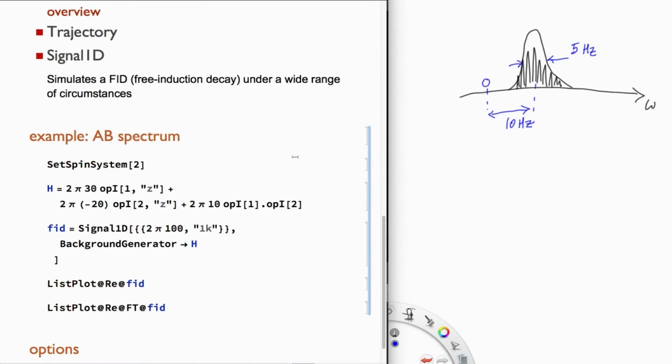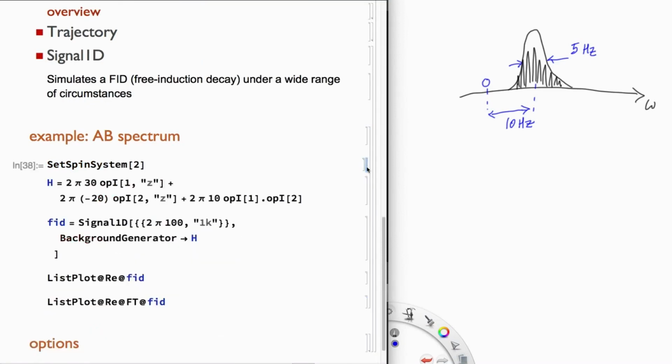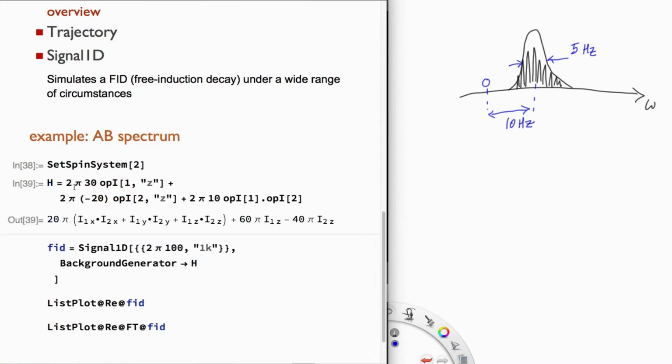So let's just see an example of it, just to illustrate how it's used. In this case, I'm going to use a 2-spin-1/2 system. And I define a Hamiltonian which involves I1Z multiplied by 30 Hertz, I2Z multiplied by minus 20 Hertz, so a chemical shift difference of 50 Hertz, and a J coupling of 10 Hertz in its full form of I1 dot I2.